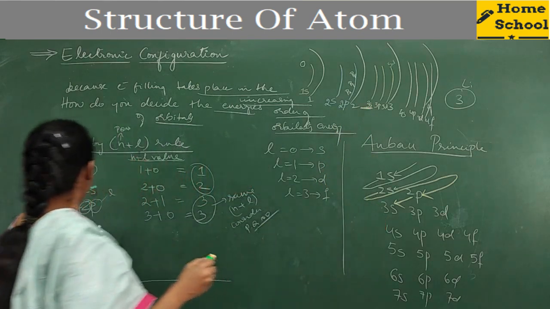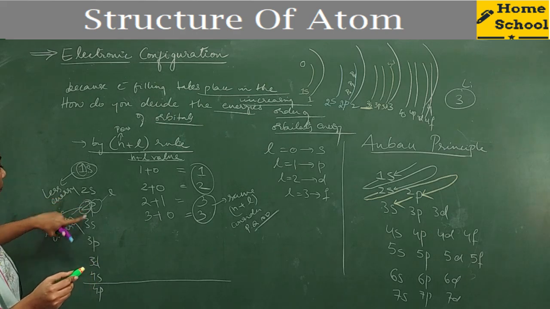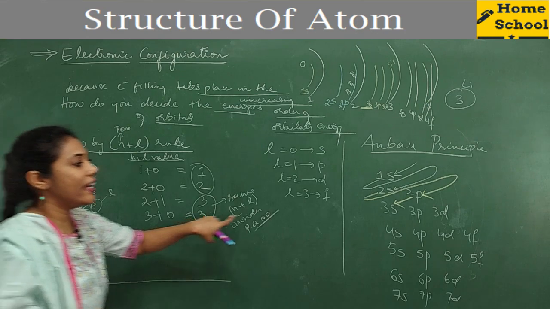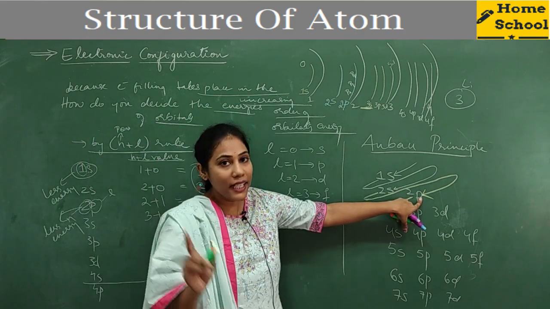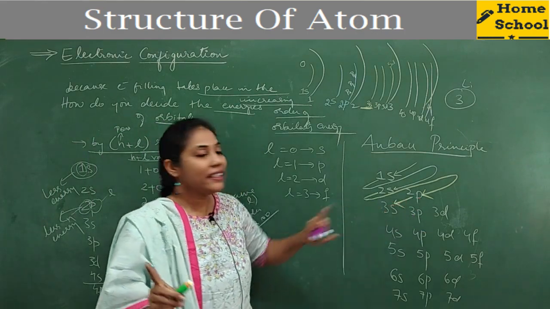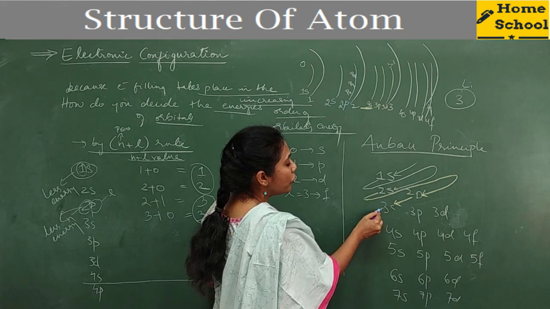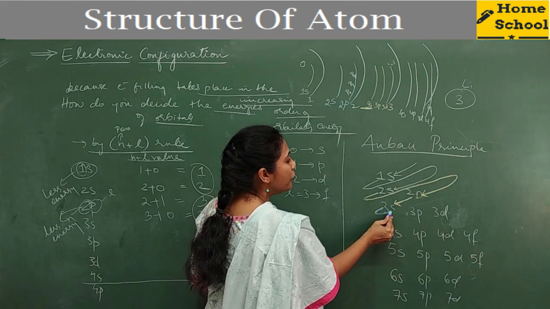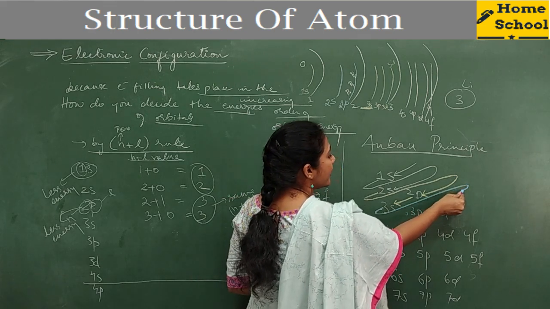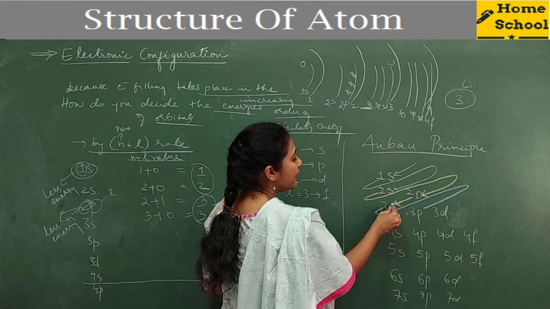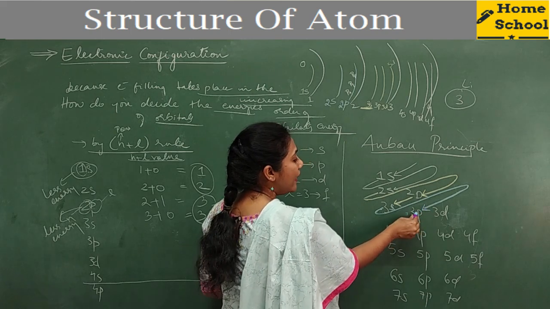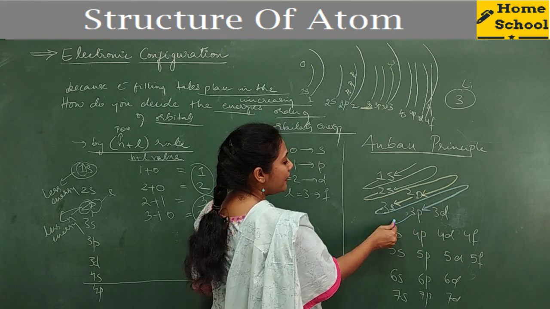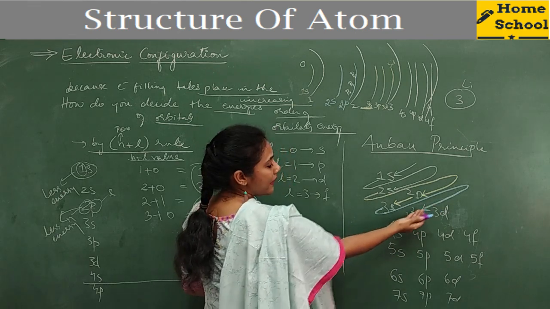Among 2p and 3s, again 2p will have the least N plus L value, right? So the 2p orbital will get filled up, and later 3s. And after that, don't draw your arrow mark like this. This line is over, so now you go like this, and come. After 3s, who is getting filled up? 3p is getting filled up. So after 3p, 4s is also coming on the same diagonal, right?